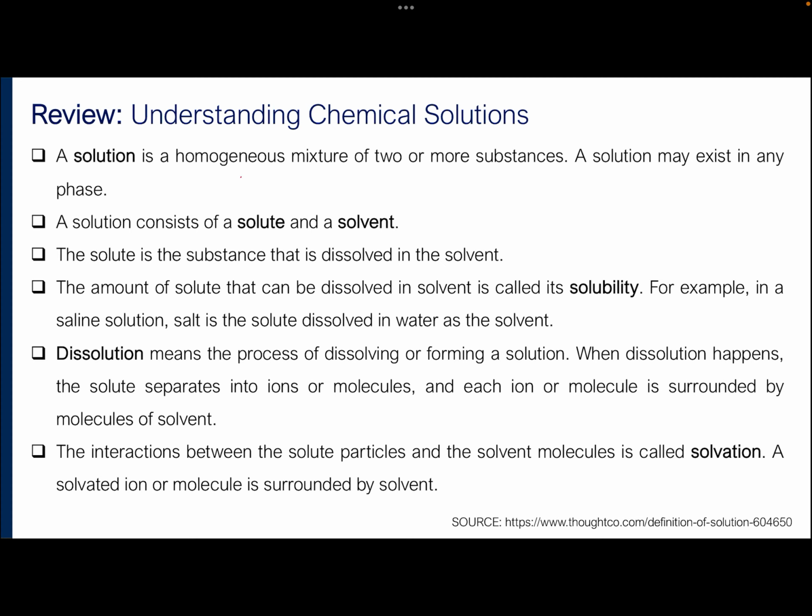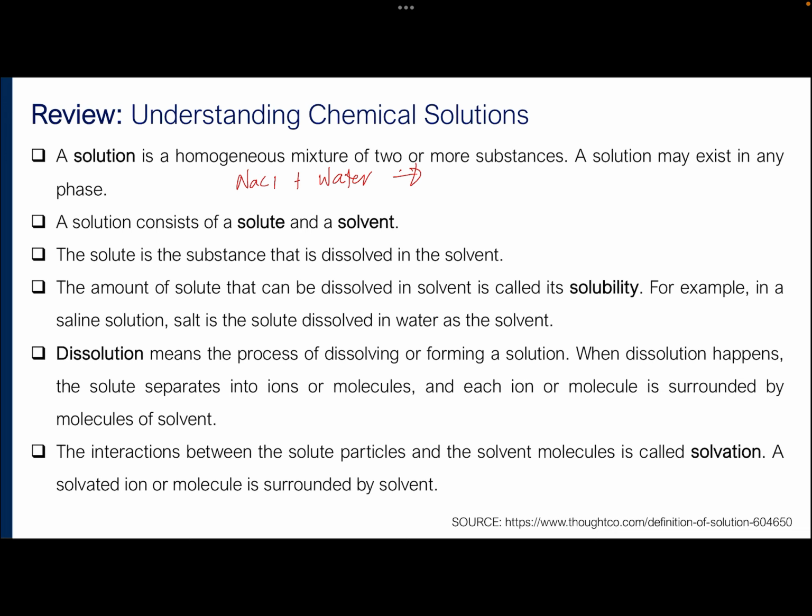So for example, if naa ko'y NaCl salt, dahil nakuha siyang dissolve in water, so I can makahimo ko og solution. So since if ma-dissolve na ang NaCl plus water, kay makahimo man ko og homogeneous nga mixture.